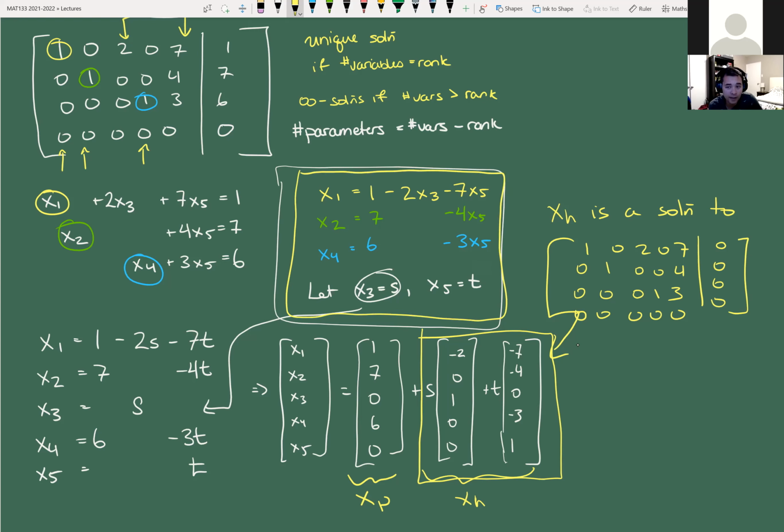And that works for any value of s and t. No matter what value of s and t you give me, these values for x1, x2, x3, x4, and x5 will satisfy this linear system. And so there are infinitely many choices that you could choose for s or t, right? Because you don't even have to choose whole numbers. You could choose fractions or weird numbers like pi or pi over square root 2, right? So that's why there's infinitely many solutions, because any value of s or t will give you a solution.